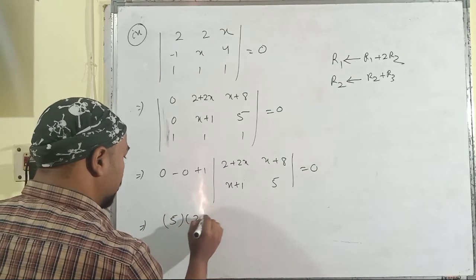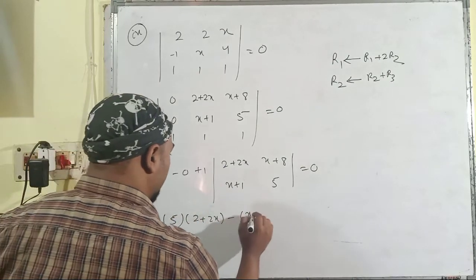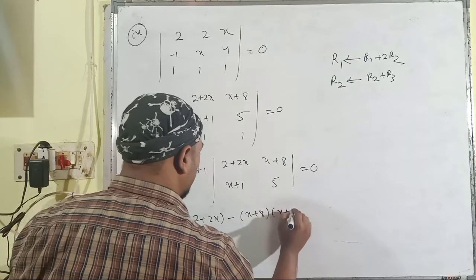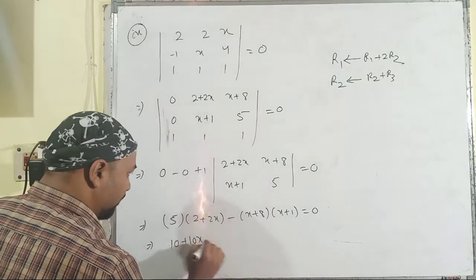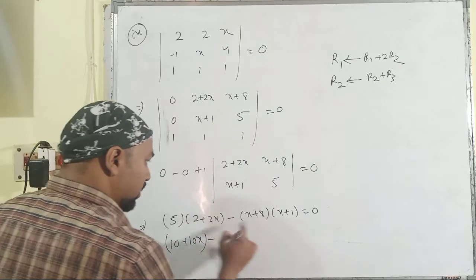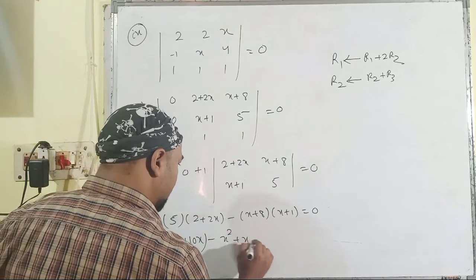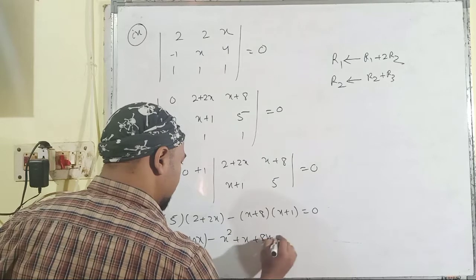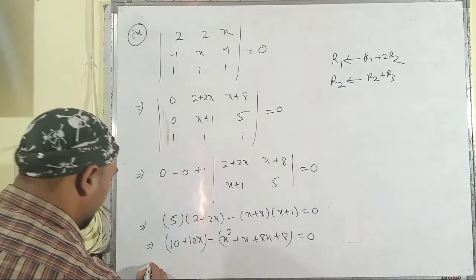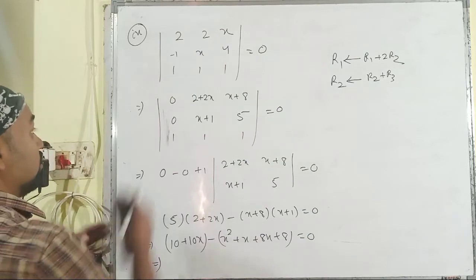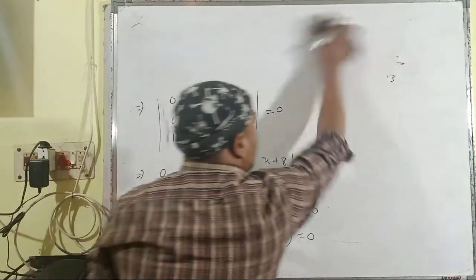Then multiplying these steps, let me write down step by step: 5 multiplied with 2 plus 2x minus x plus 8 multiplied with x plus 1. So here we are getting 10 plus 10x minus x square plus x plus 8x plus 8, and this is equal to 0. So let us solve these steps.